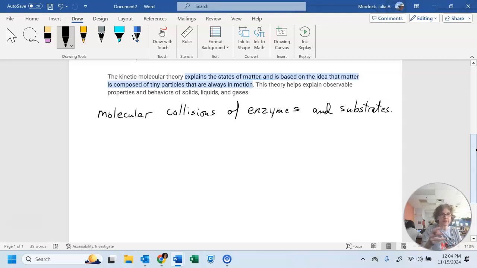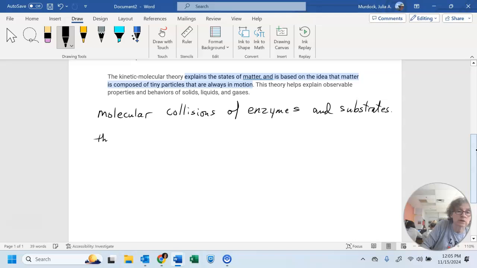So think about the fact that the more particles you add, the more molecules you add in there, the greater the amount of collisions there are going to be between them. That just makes logical sense, doesn't it? If you add more molecules, there'll be more collisions. There'll be more of a chance of substrates bouncing into active sites and reacting, literally, right?